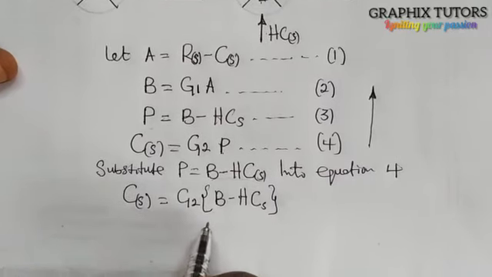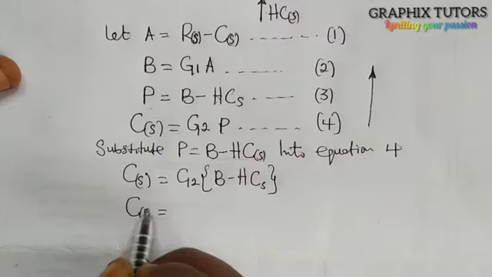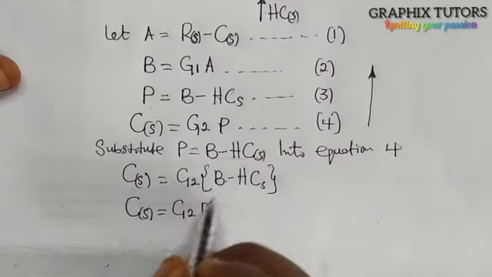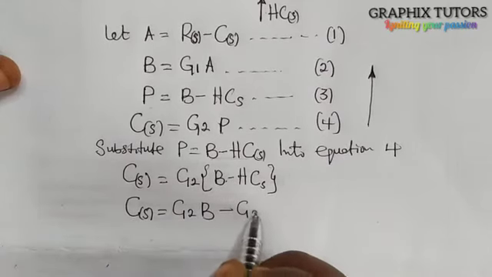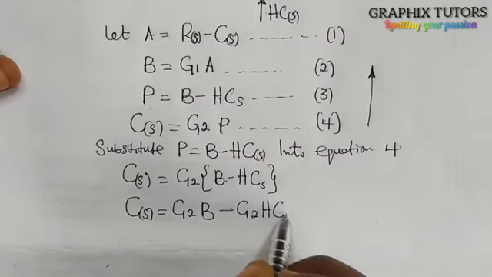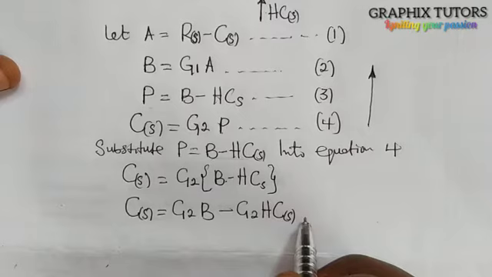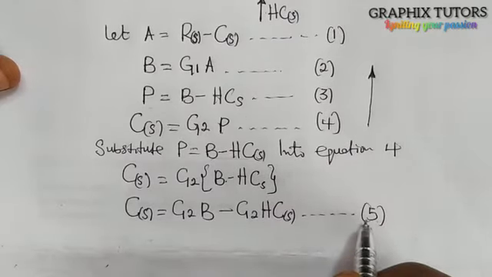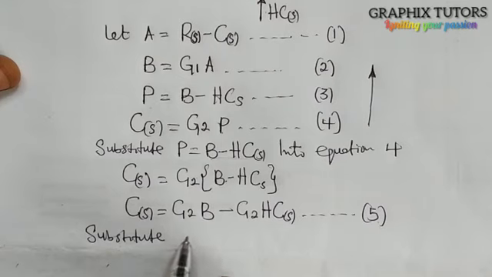So if I expand, I'm going to have C(s), that is the output, equals G2B, G2 times B will give you G2B, minus G2 times HC(s) will give you G2HC(s), right? So I will term this equation 5.